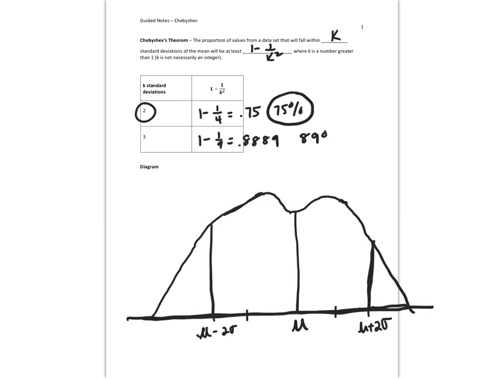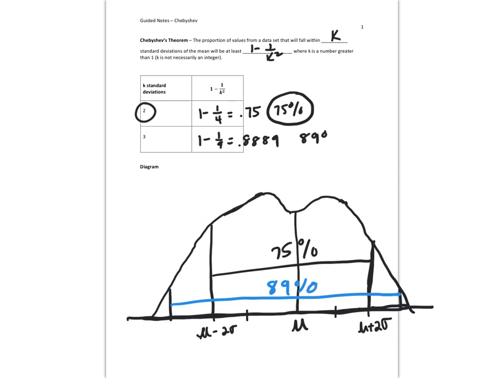I can expect to have 75% of my data points. Within 3 standard deviations, I can expect to have 89%. Now, this theorem can be used no matter what shape your data is in.